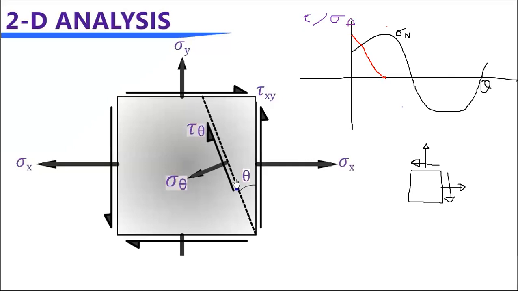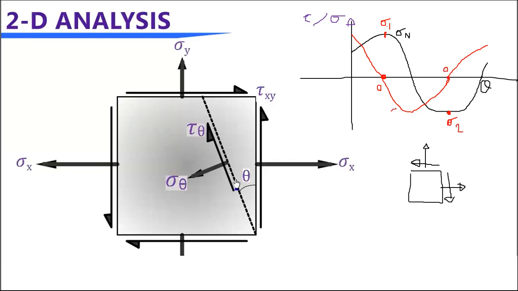And again, when sigma becomes negative minimum, the shear stress becomes 0, right? Some kind of this variation. So here you can notice this is 0, this is sigma 1, and this is the sigma minimum, sigma 2. This is 0, right?